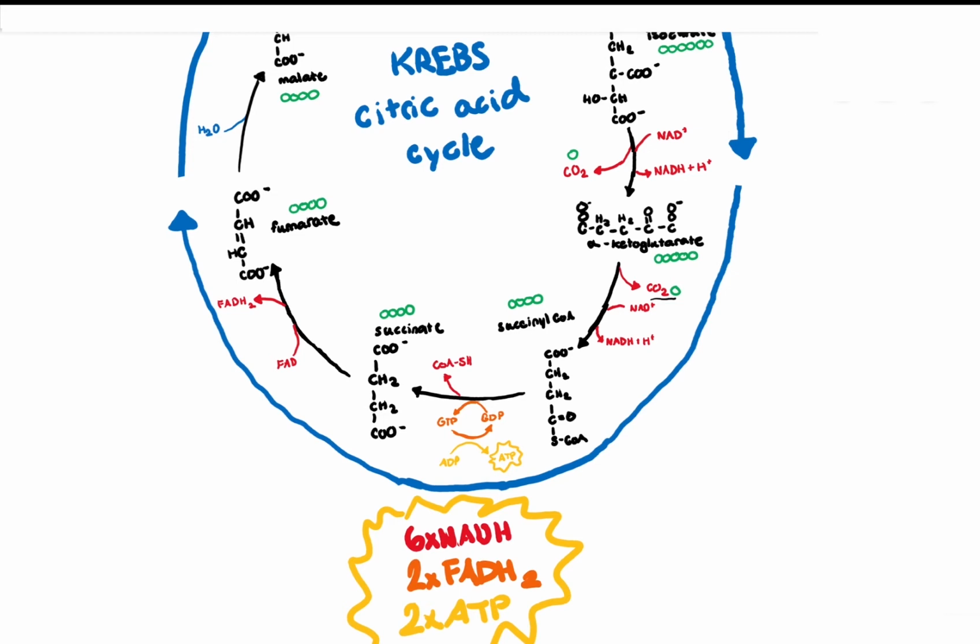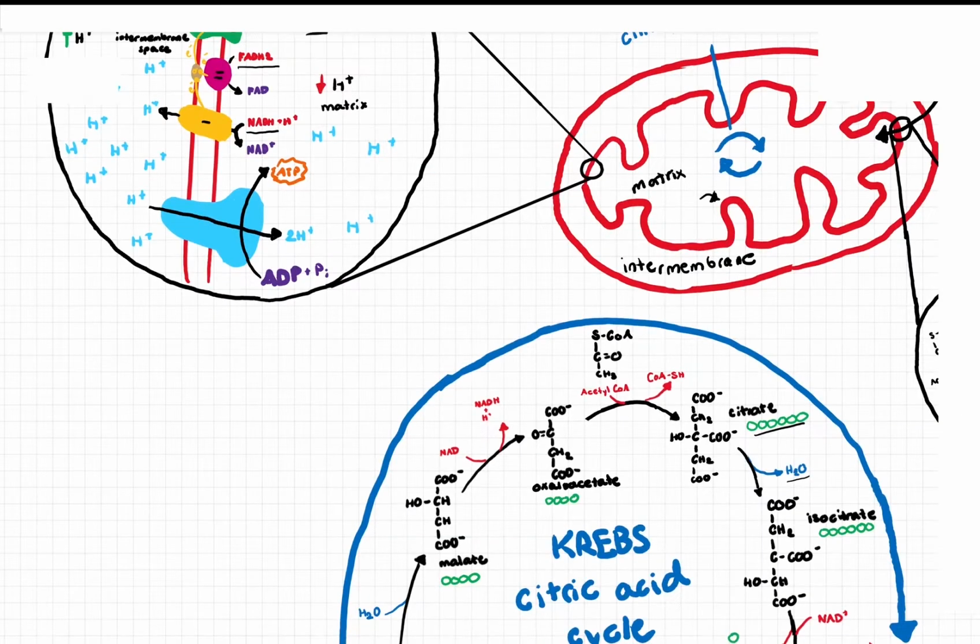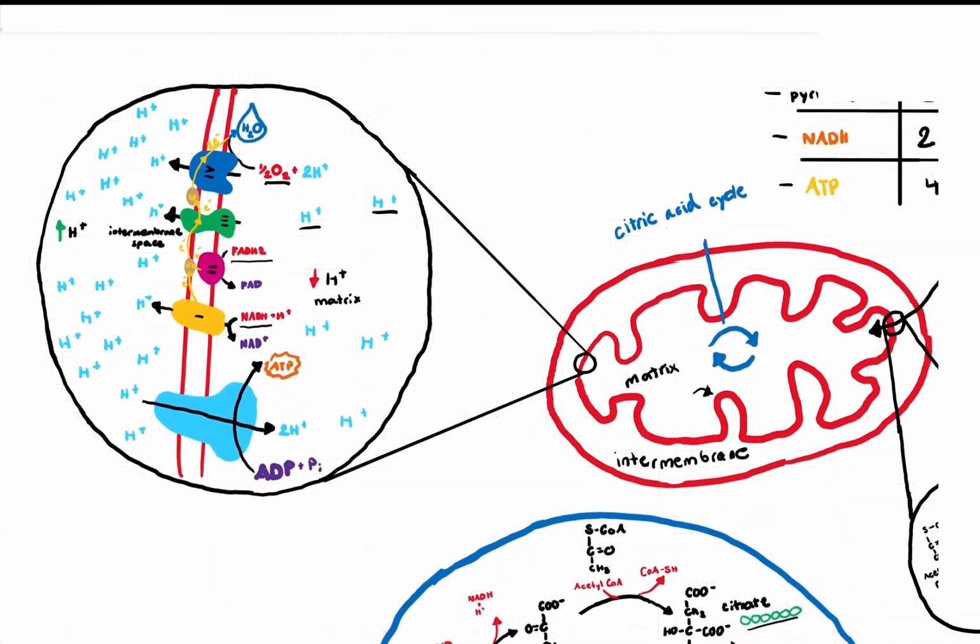But we noticed that glycolysis and the Krebs cycle don't produce too much ATP. And that's why NADH and FADH2 are incredibly important. They've been accumulating over time in both glycolysis and the Krebs cycle, and now we'll see them being utilized. And that is this final step of oxidative phosphorylation.